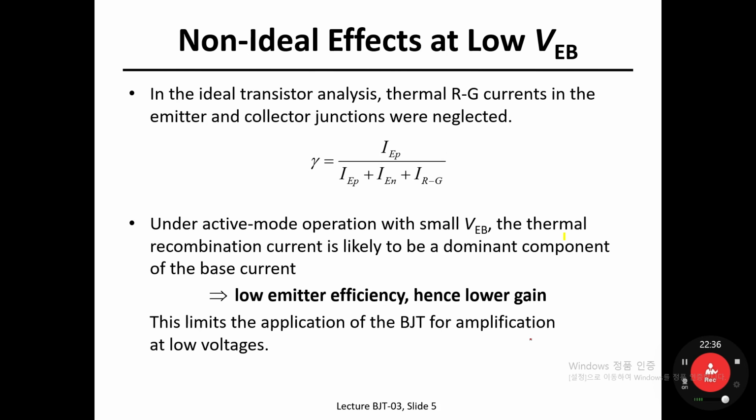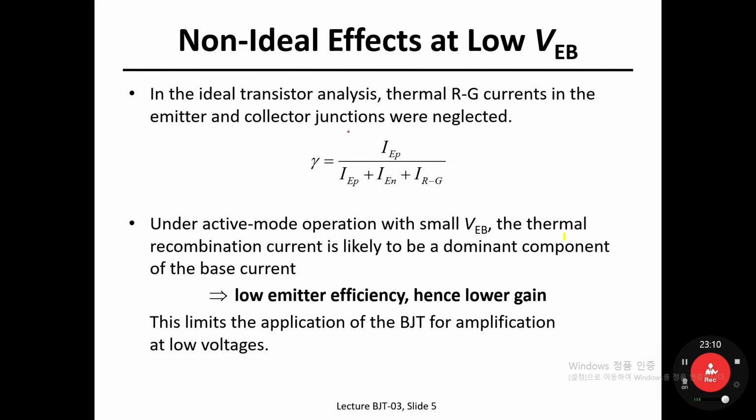Now we are learning the BJT. BJT is two PN diodes connected together, right? So when it comes to the non-ideal effects in BJT, you may reuse the non-ideal effects studied in PN diode. One of the performance metrics in your BJT is emitter efficiency, gamma.